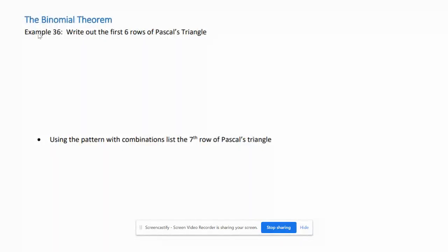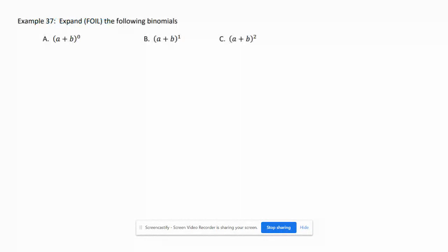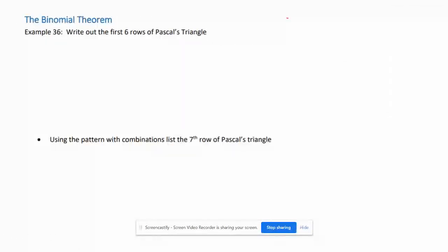So here's what Pascal's triangle is. It is a triangle made of numbers where the first number over here is 1. And then the second row is 1, 1. We always have 1s on the outside, but the way we can fill in the interior numbers is by adding the previous 2 numbers directly above it.